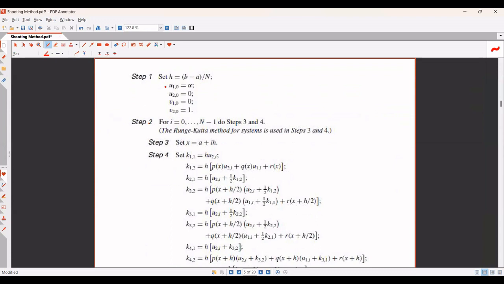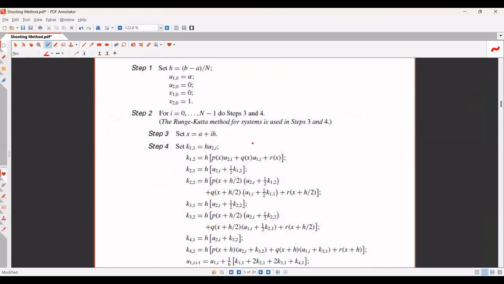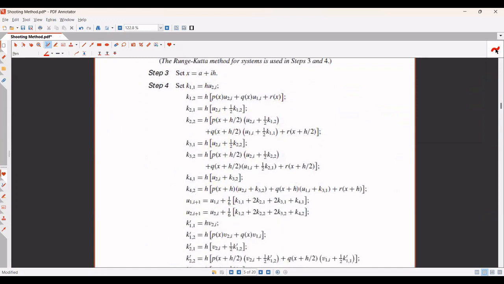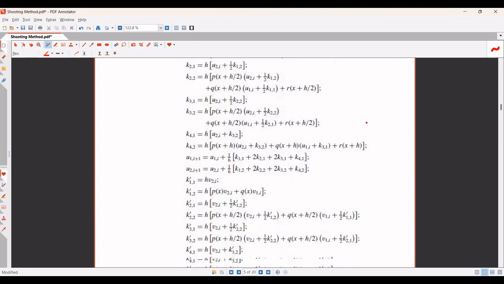They did exactly that. They declared a, b, A, N, and they found h. There should be two sets of initial conditions, which is why they introduced two variables, u and v, with proper indices. They used the RK4 method for solving the two initial value problems.